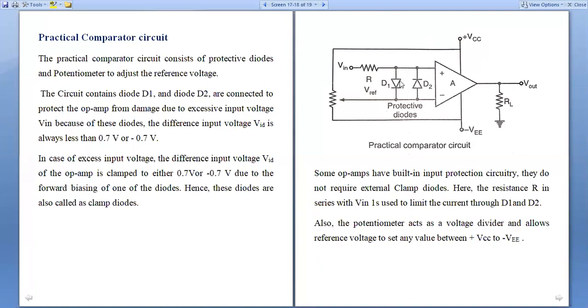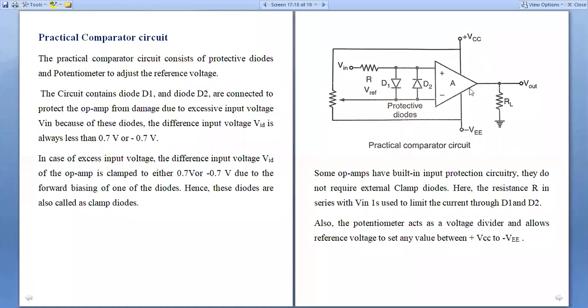If the input voltage exceeds a particular value of differential voltage, the operational amplifier will clamp at a particular operating voltage of positive 0.7 volts to negative 0.7 volts. That means at that clamping condition, one of the diodes D1 and D2 will be forward biased.